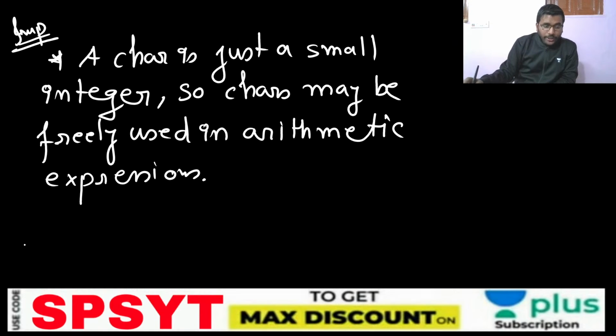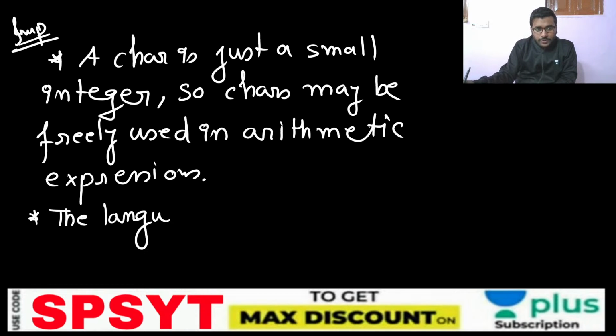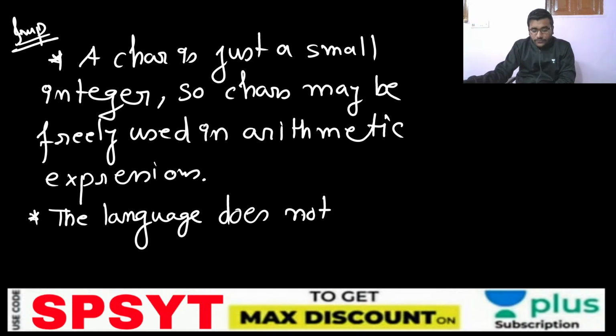Now there is one more point for char. The language does not specify the variable type char as signed or unsigned. Means when you are using char, whether it is going to be a signed char or unsigned char, the C programming language does not specify it. So it varies from compiler to compiler.